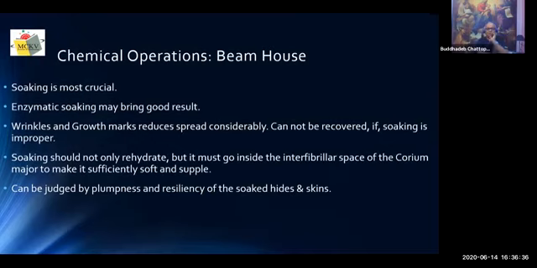Soaking should not only rehydrate, but must hydrate inside the interfibrillary space to make the hide sufficiently soft and supple. And how do you judge whether soaking is correct or not? By the plumpness and the resiliency of the soaked hides and skins, to an experienced eye. There are no other gadgets to determine it.